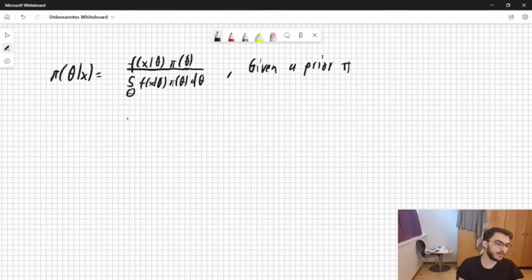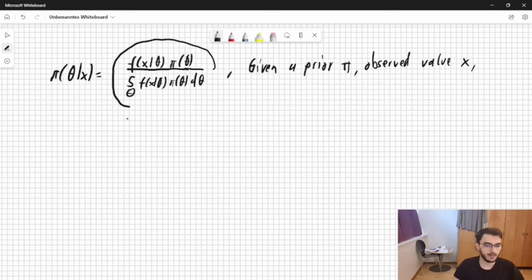Given a prior pi, if we have a value that we observe in our experiment, this function over here is completely determined by the value that the sampling distribution takes at this point. Because remember, this is just some constant.